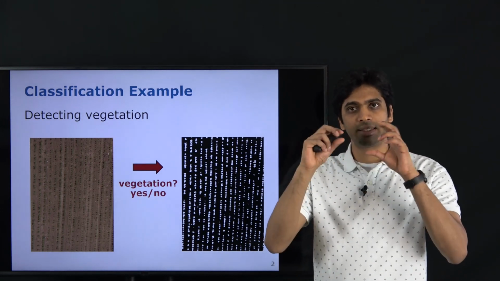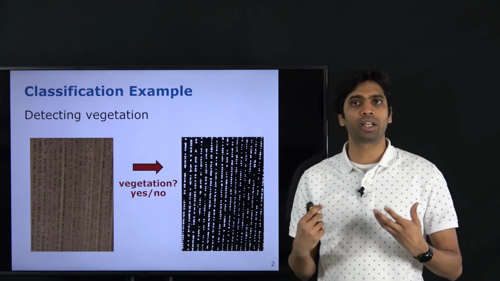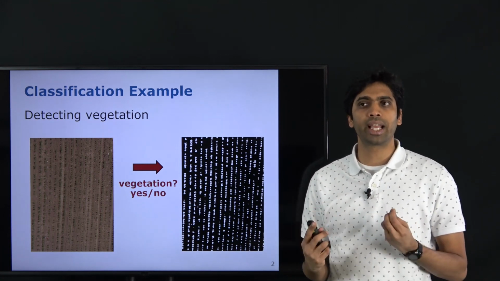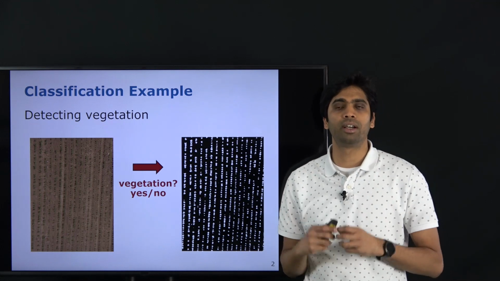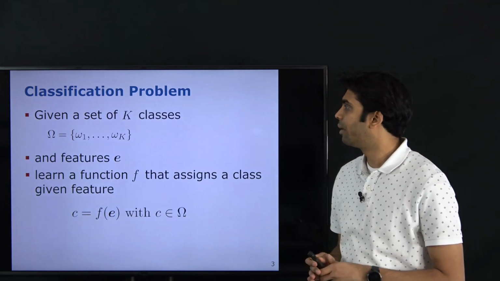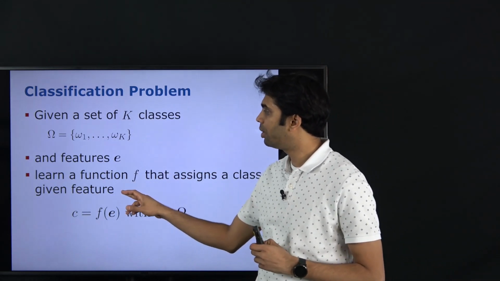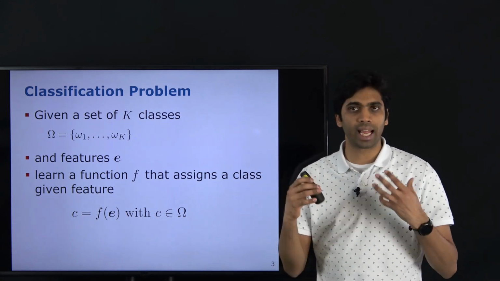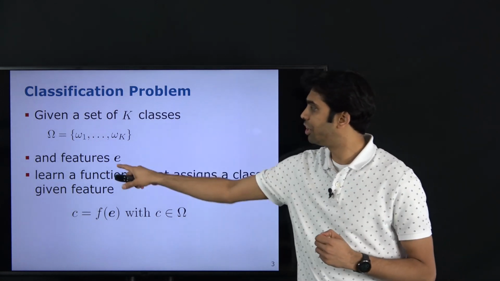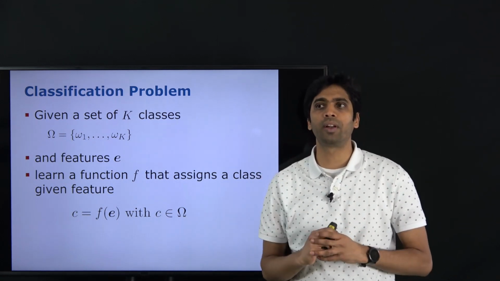So essentially, this E is something that explains our input data and helps our classification system to say what this particular region could be. And the goal in a classification problem is to come out with this function f, which, given this feature E, spits out a class for that particular feature vector.